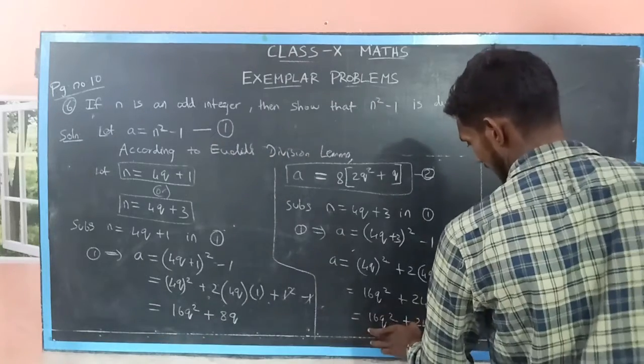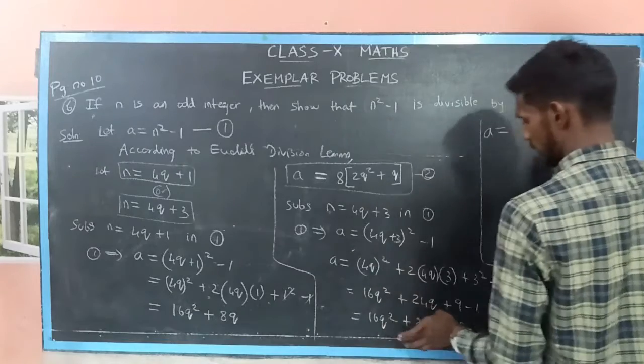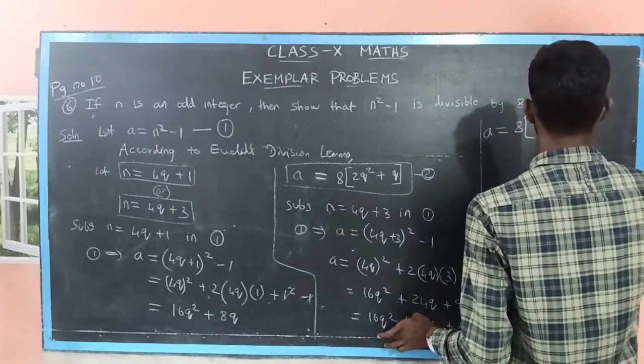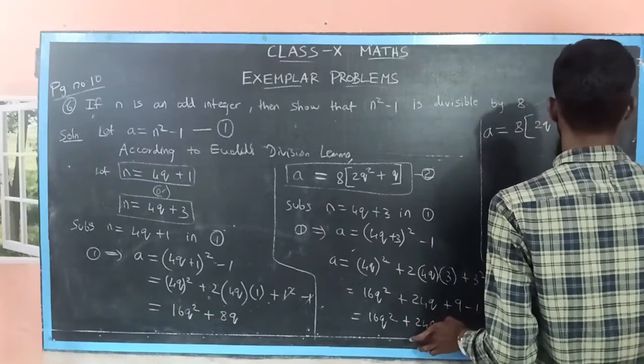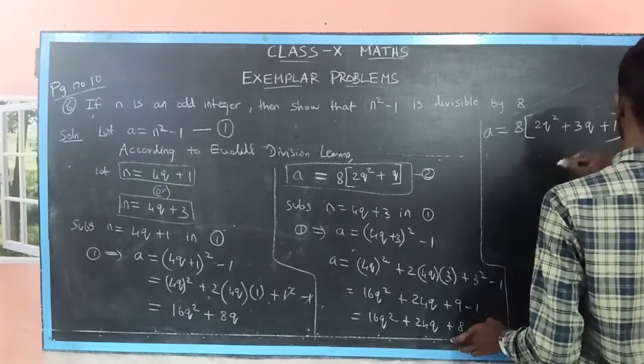So I am taking 8 as common from these terms. I will get a is equal to 8 into (2q square plus 3q plus 1).